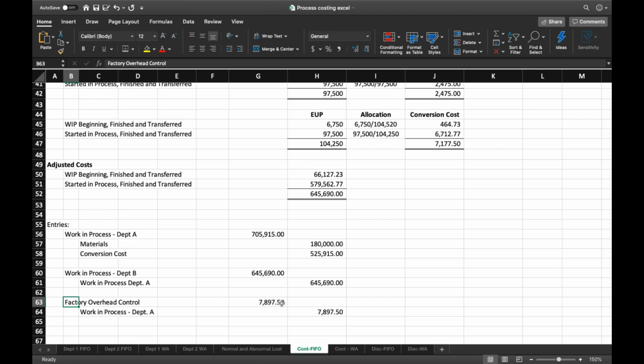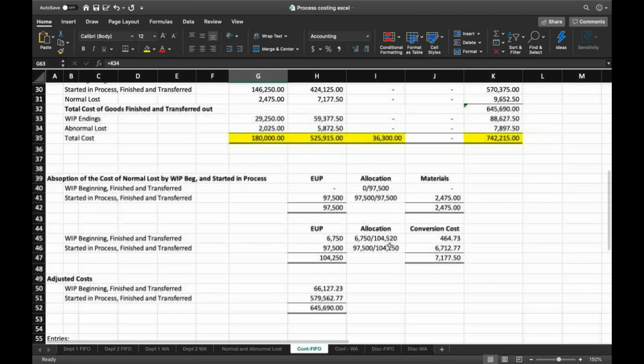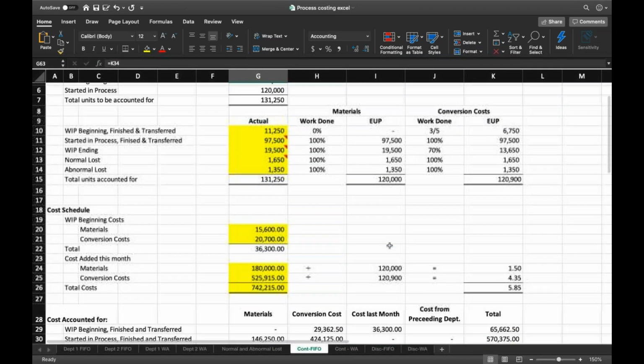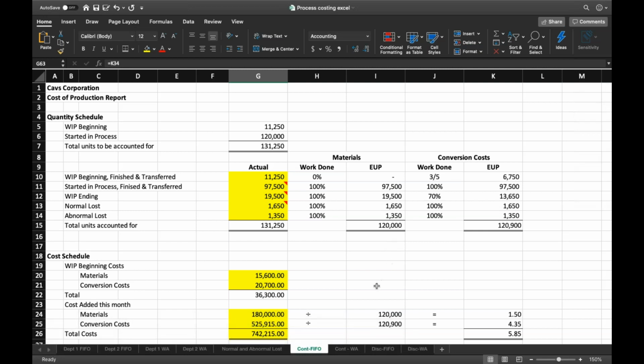It will be treated as a period cost, part of our expenses. Okay? This is first in, first out under continuous loss.